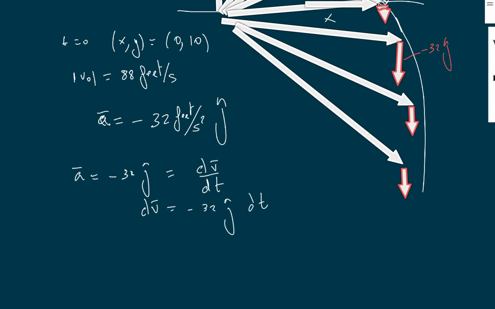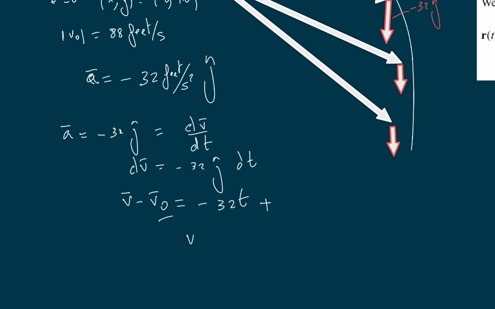If I integrate both sides of the equation, I will have v minus v0 equals minus 32 times t, because the integral of dt is t, and I already wrote the v0, which is the constant. So v equals v0 minus 32 t in the j direction.